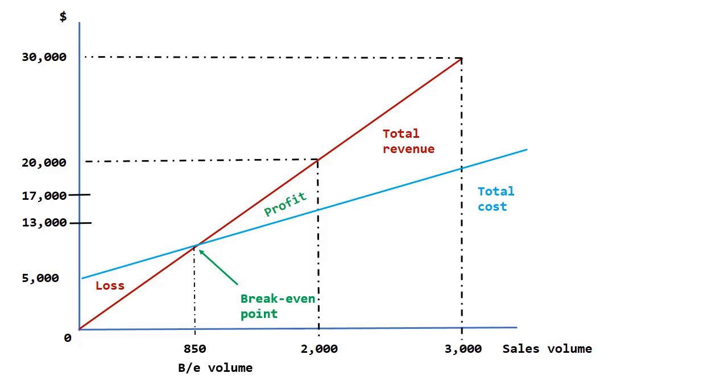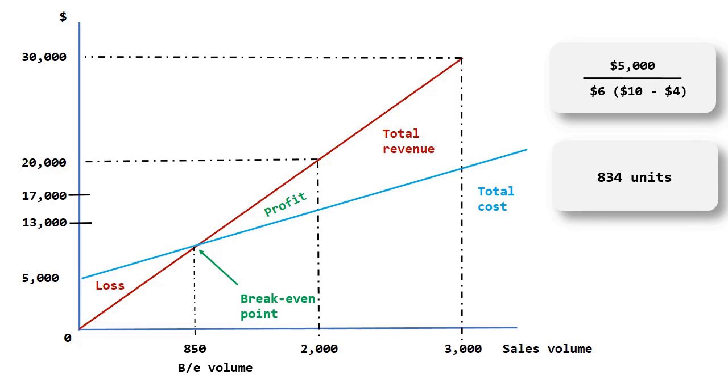Using the formulaic approach already detailed, we can work out the break-even point to be $5,000 divided by $6. That's the selling price of $10 minus the $4 variable costs, which gives us 834 units. We always round up so as to make sure a small profit rather than a small loss.